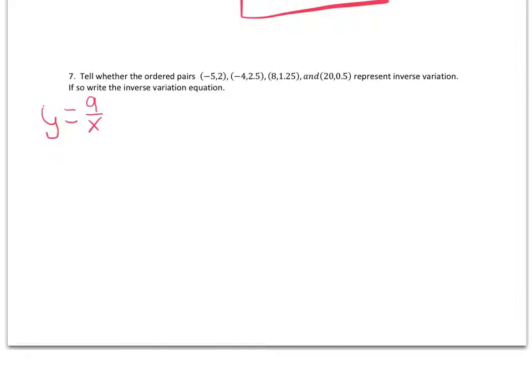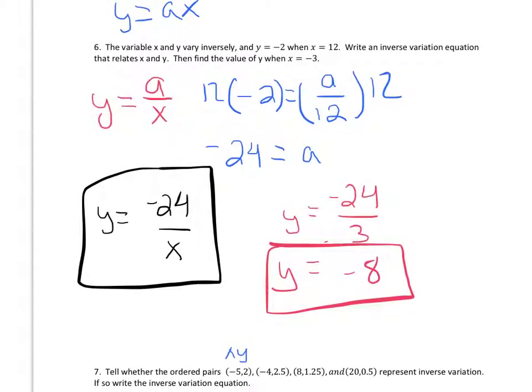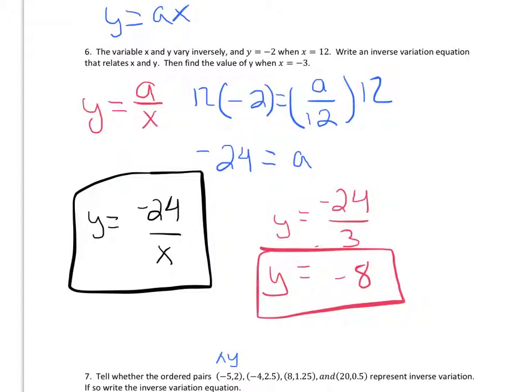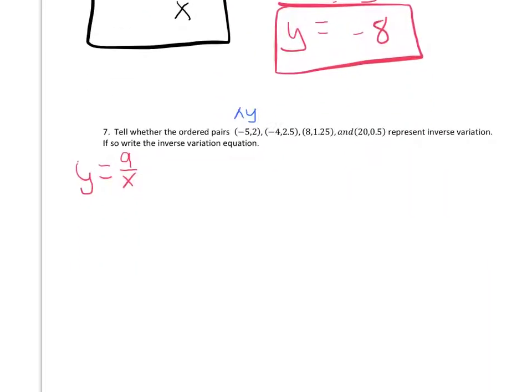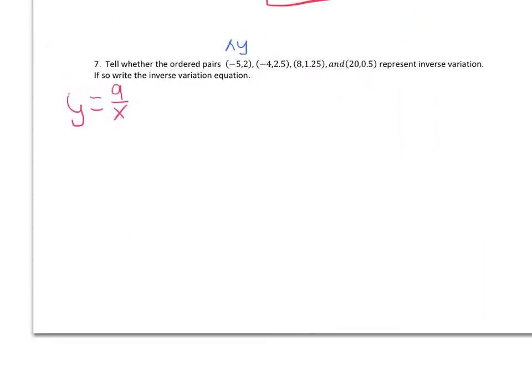Well, don't I know that this is an X and this is a Y? Plug them in. Just like we did right here. Just like I plugged in the Y and the X. Plug them in right here again.